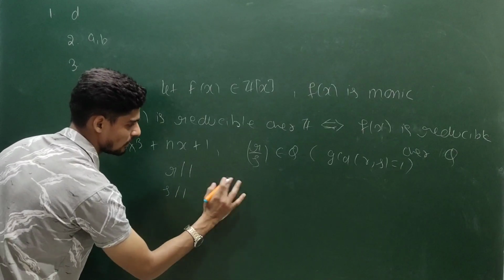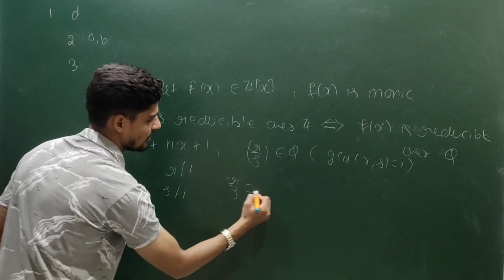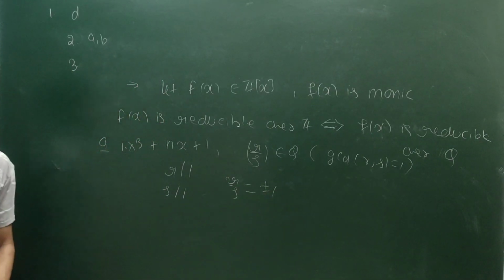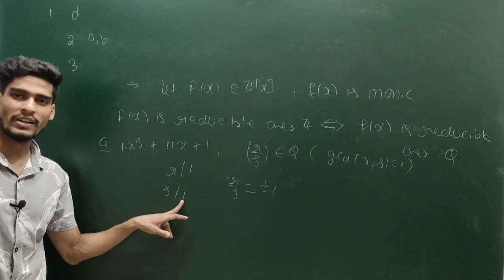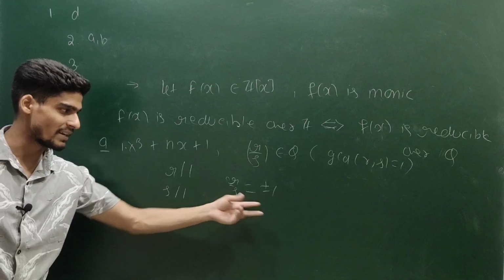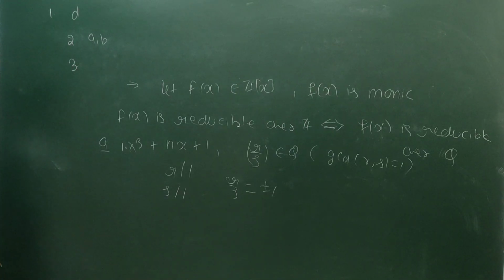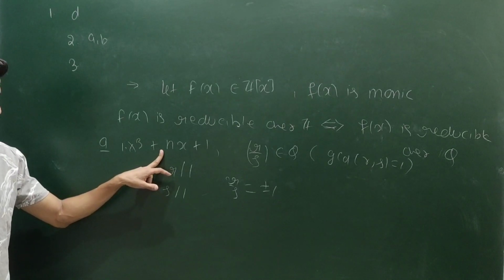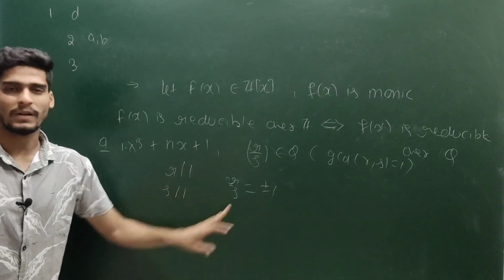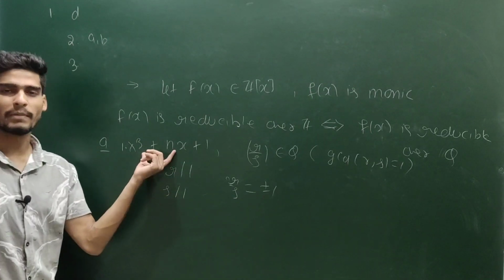So the possibility of r by s will be plus minus 1, because the possible divisors of 1 are plus minus 1. So possible value of r by s will be either 1 or minus 1. So this has a rational root if and only if the root value is plus minus 1. You need to check only plus and minus 1.